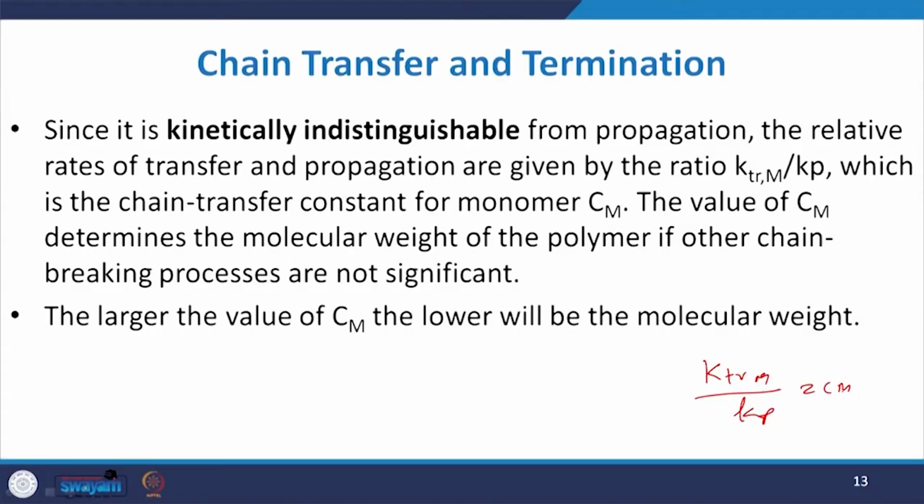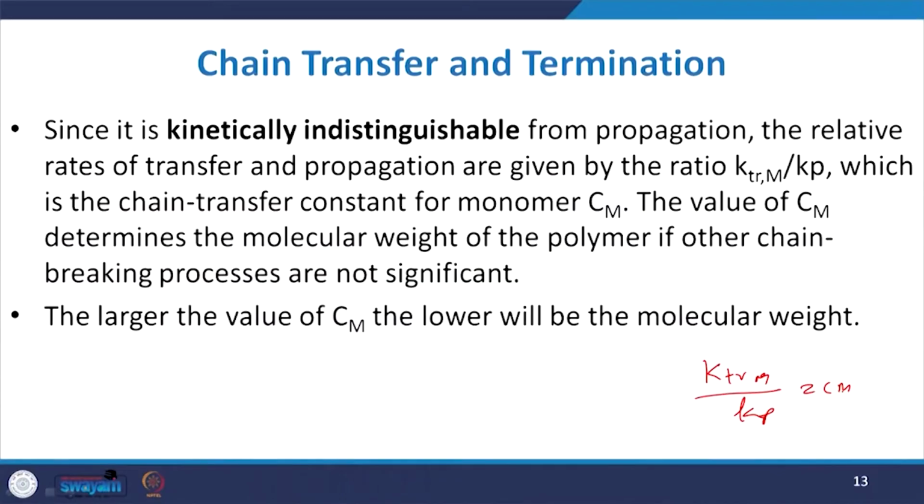Now chain transfer to monomer is on much more favorable terms with propagation in many cationic polymerizations compared to radical polymerization. Since it is kinetically indistinguishable from propagation, the relative rate of transfer and propagation is usually given by the ratio KTR,M upon Kp, which is the chain transfer constant for monomer, Cm.